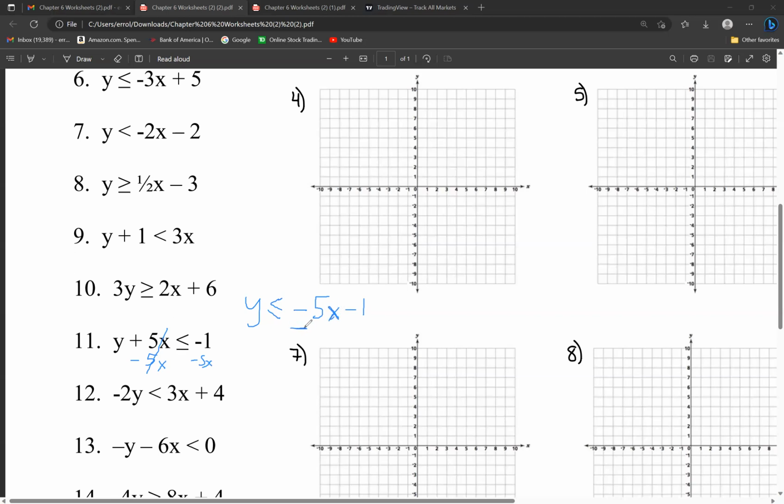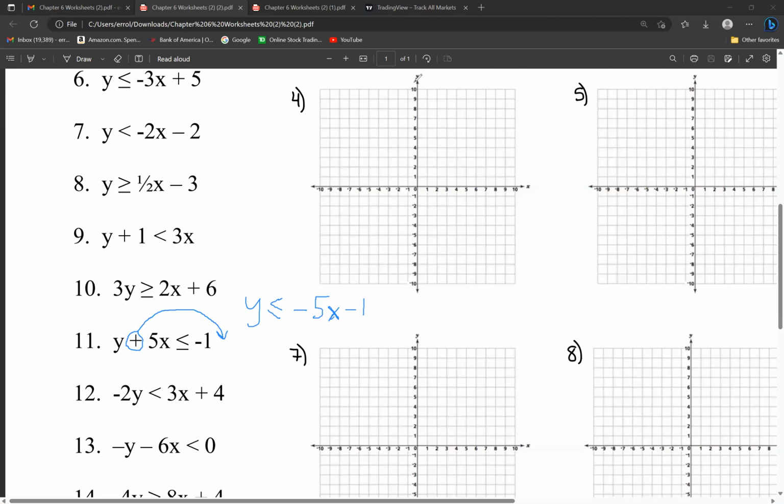Why is this sign negative right here? It'll be negative because see this positive sign right here? If you move this to the right side, what happens to the sign? It flips.